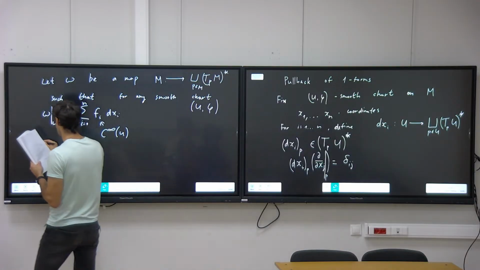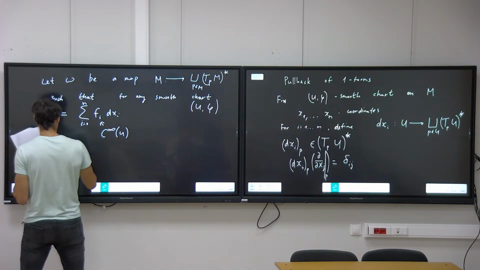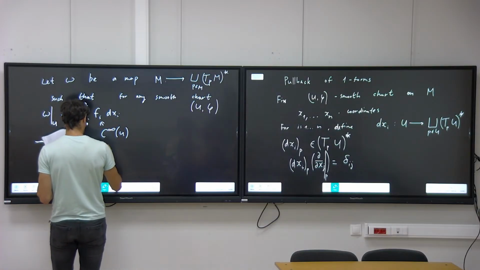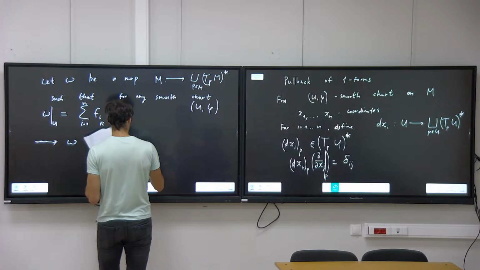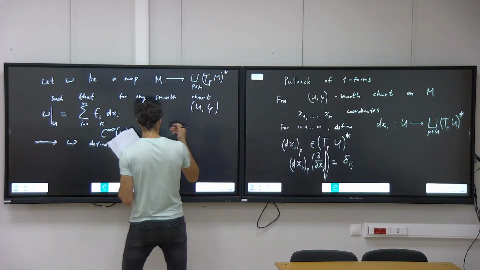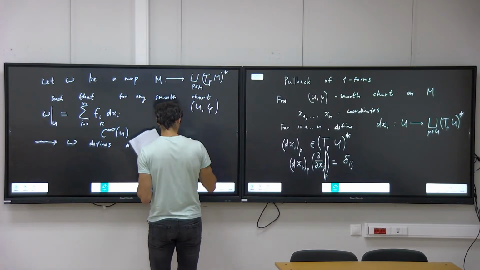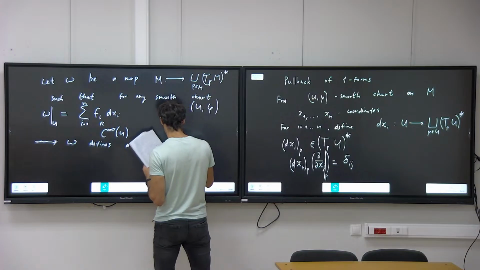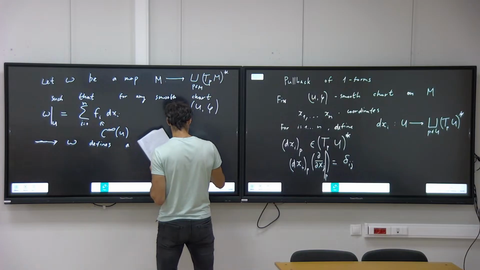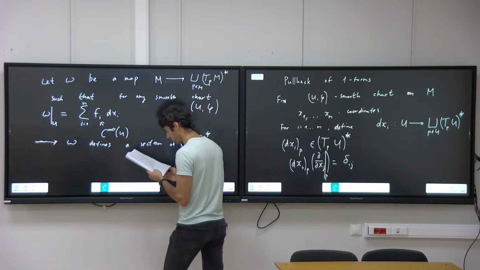Then omega defines a section, in our more abstract terms, of T M star, as follows.